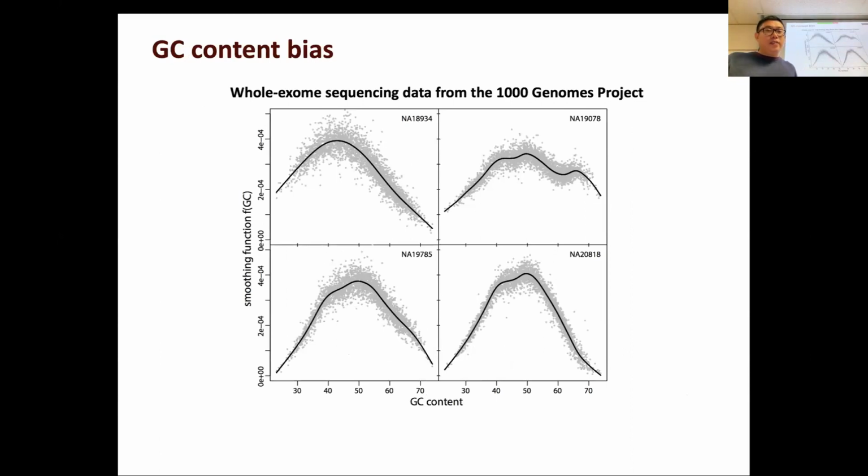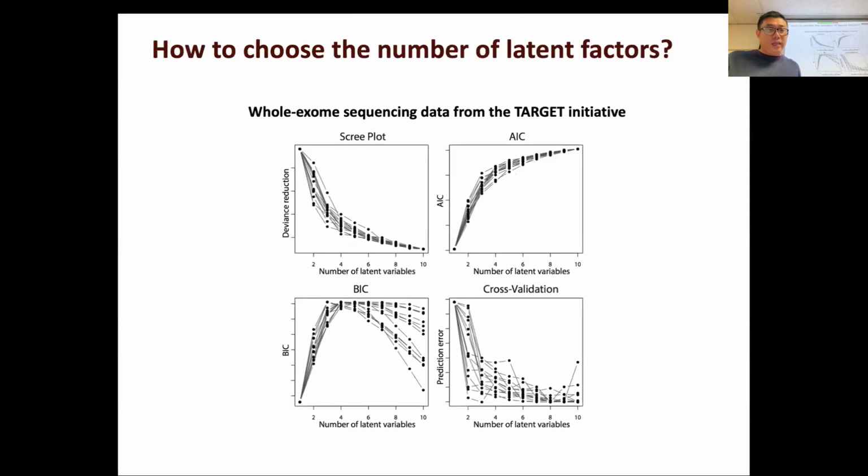These are the empirical fits for the GC content. I just want to show you what they look like. In practice, I think we just fit a smooth line to capture the GC content bias. And these are the ways that we adopt to choose the number of latent factors. This is very important, especially in practice, because there's always a trade-off.